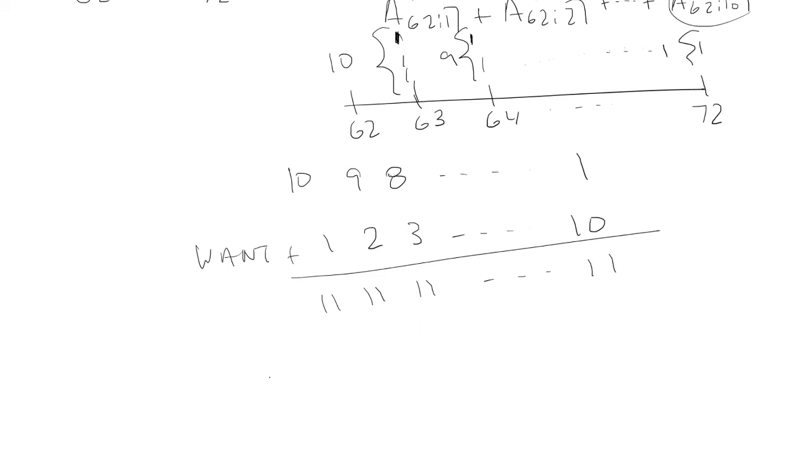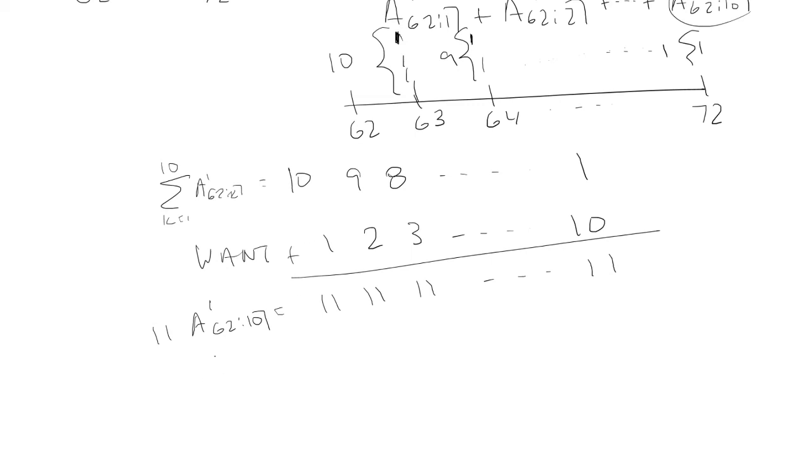Okay, so this is the sum that we have, the term at age 62 for k equals 1 to 10, and this is a term life insurance for 10 years, and then we're multiplying that by 11 because each payout is 11.